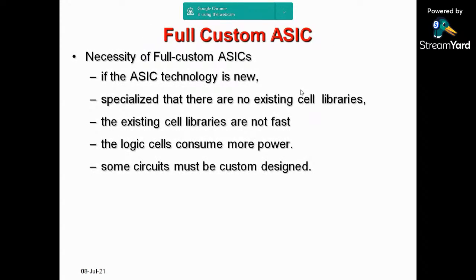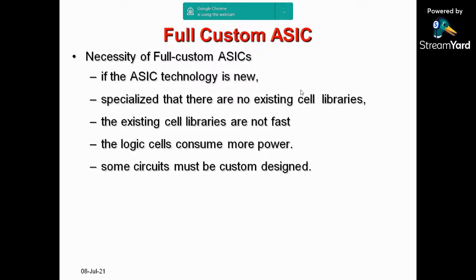As I said, when you go for full custom ASIC, suppose we have invented new technology, new transistors with lesser size, say below 5 nanometer. Then existing ICs are outdated because they have higher lengths. So there is no other way; when there is something new, I need to adapt it.